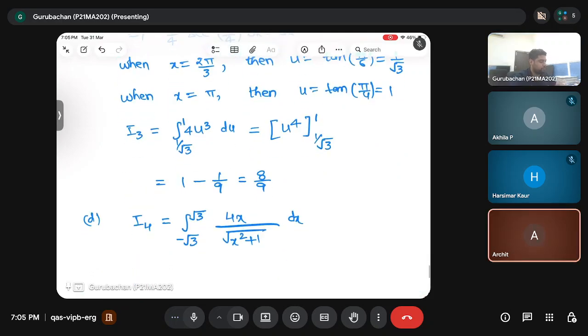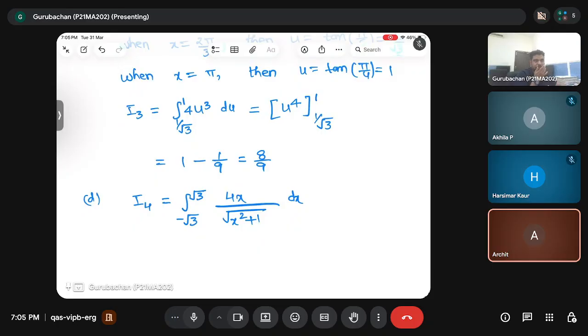Sir, 0. Why? Sir, because when substituted x square plus 1, the upper and lower limit is the same. Without solving, I can say this answer is 0.